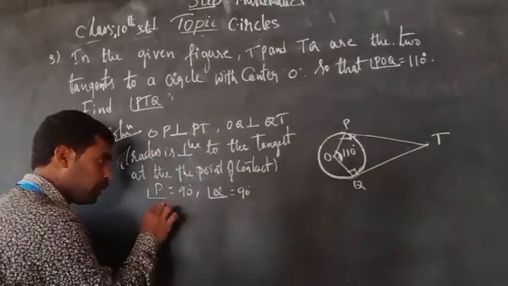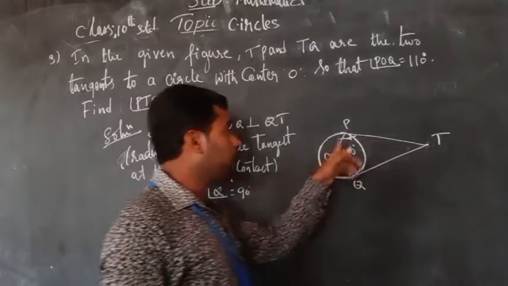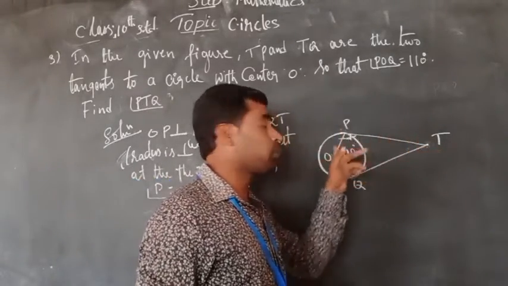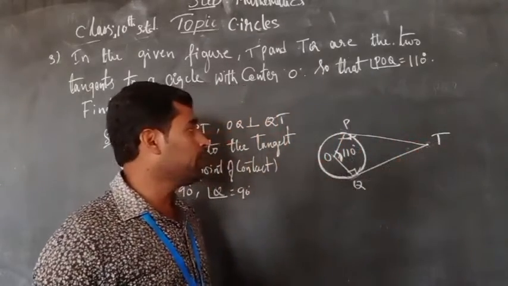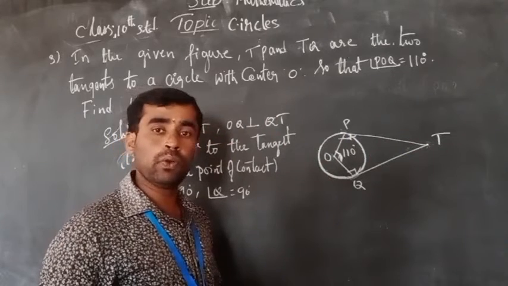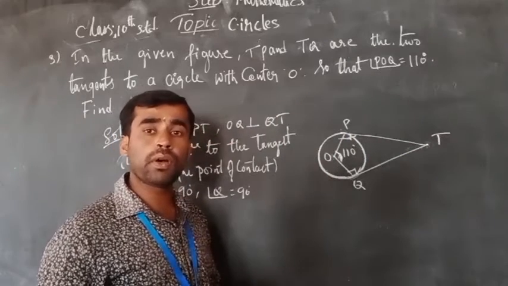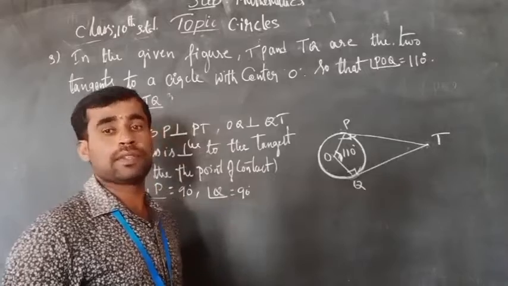Now we know that OPTQ is a quadrilateral. We know that the sum of the four angles of a quadrilateral is equal to what? 360 degrees.